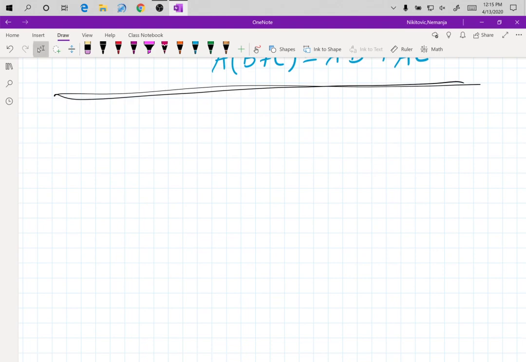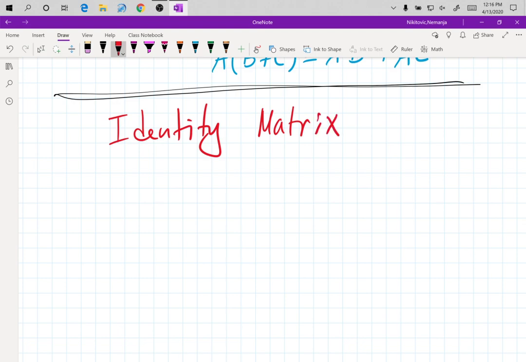Okay, the next big concept that we also need to define is what is called the identity matrix. Now this one gets read. This one is a big deal.